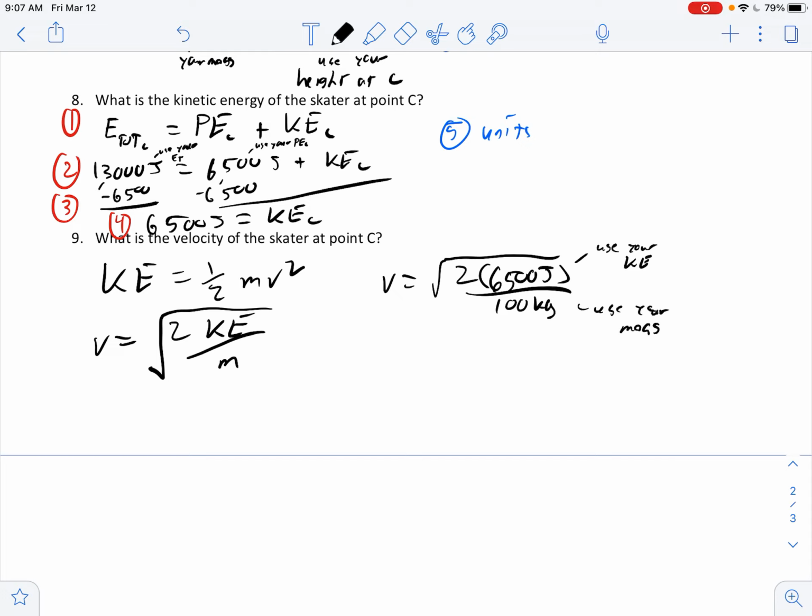Sorry for the handwriting. I promise that it says your. Here, I'll try to write it a little bit neater than that. Use your, okay. So anyways, so we go to calculator. Okay, and I get 11.402 meters per second.